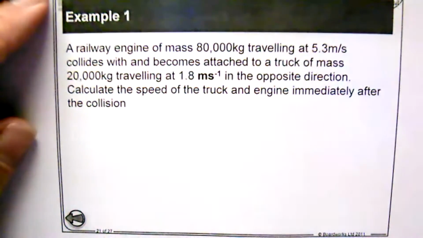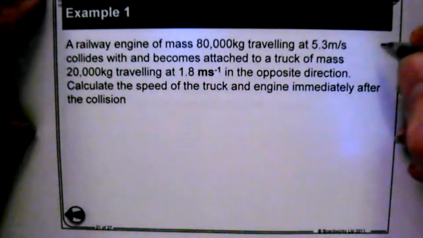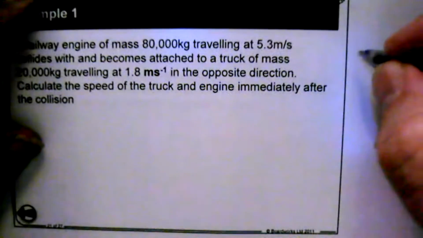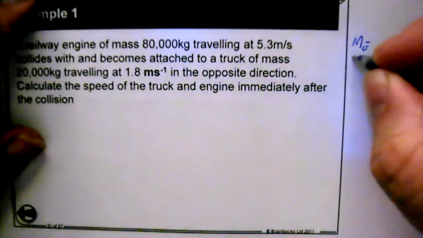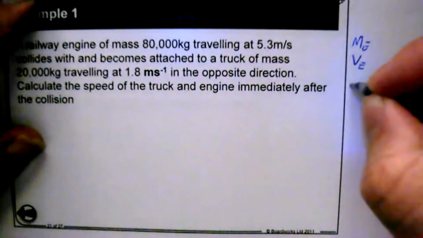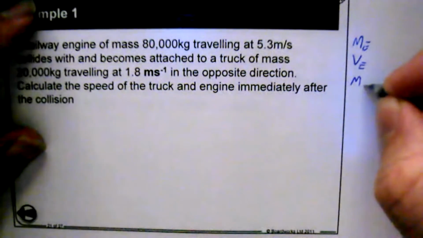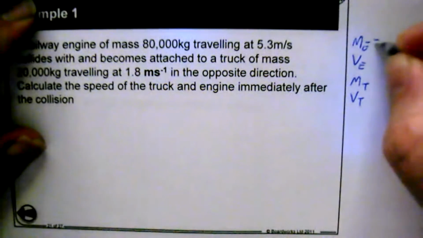So what do I do? Well, I think the first thing we do is look at what we're given: the mass of the engine and its initial velocity, and the mass of the truck and its initial velocity.